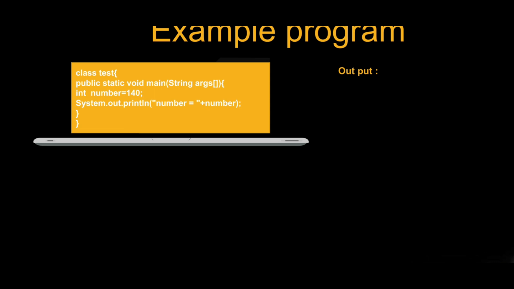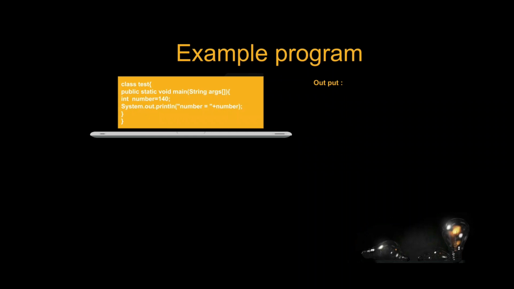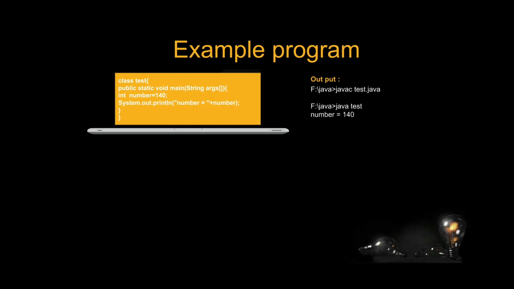Here we are printing number. Think carefully, is it a valid identifier or not? It's a valid identifier. Is there any syntax mistake? There is no syntax mistake. So happily it will run and it will produce the output as number equal to 140.